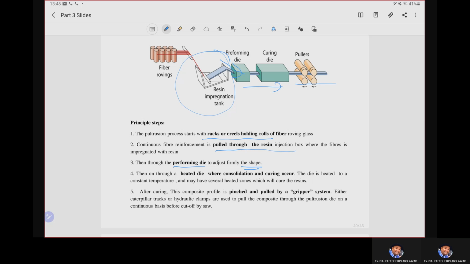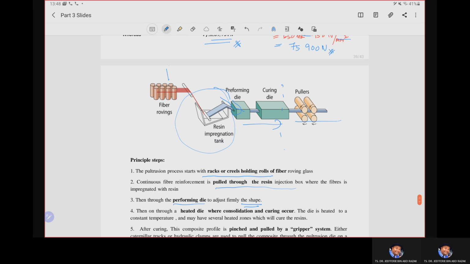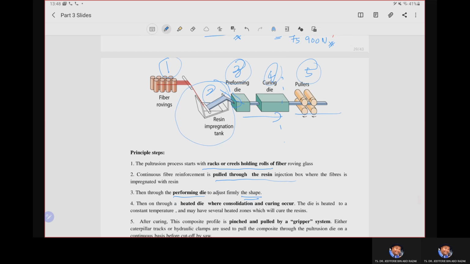Then we pull it, and up to this stage the fiber is already cured and ready to be cut into the specific product. So remember there are 5 stages here: the first stage, second, third, fourth, and the last, the puller part.